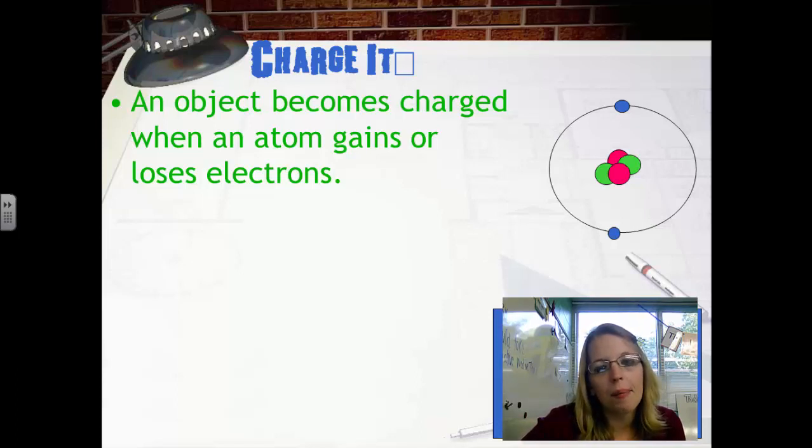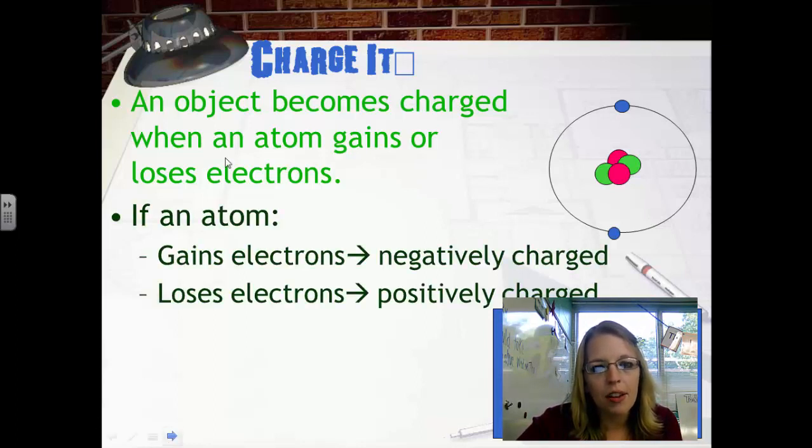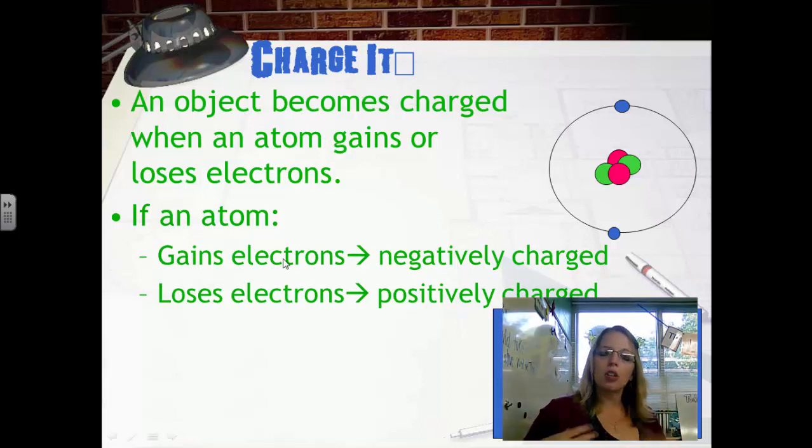So when those electrons get lost, they get rubbed onto something, or they hop over from something else, you get a charge. If an object gains or loses an electron, you get a charge. If an object gains electrons, electrons are negative, so the object gets a negative charge.